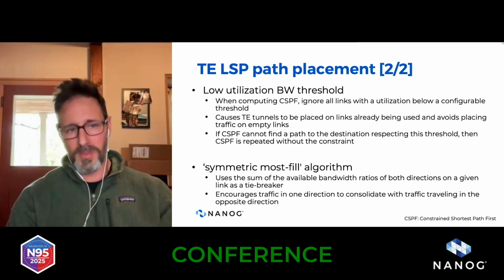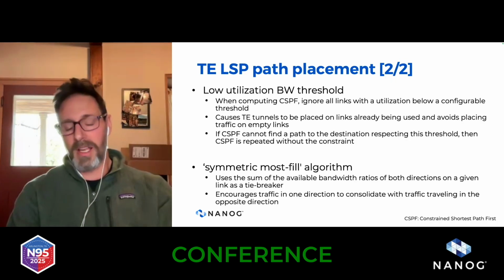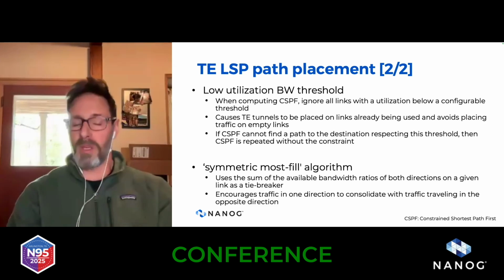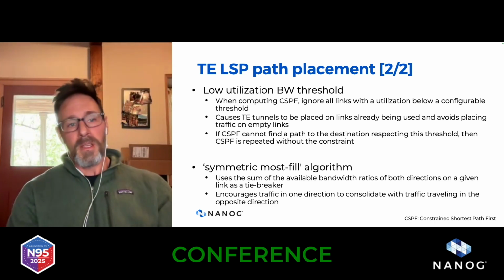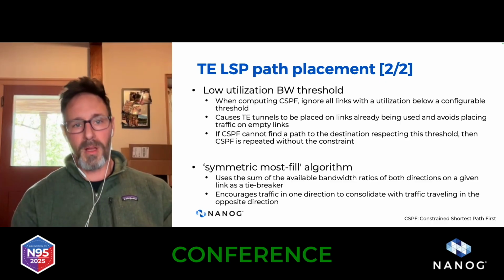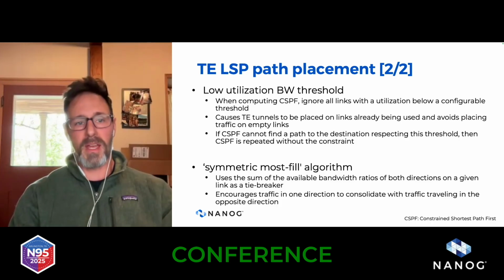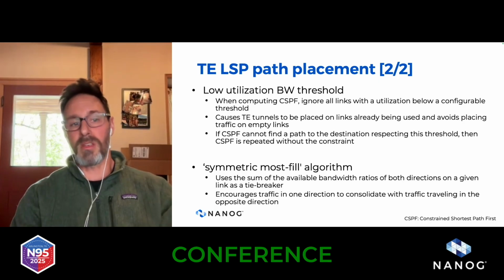If you're not familiar with the term tiebreaker, it's sort of how we refer to how we choose a path or an interface to place a path on when we have multiple equal cost paths. The first thing we're going to use is a new low utilization bandwidth threshold. So we're going to ignore links with a utilization below a configurable threshold in hopes that this causes TE tunnels to be placed on links that are already being used.